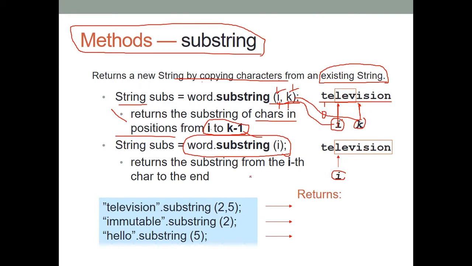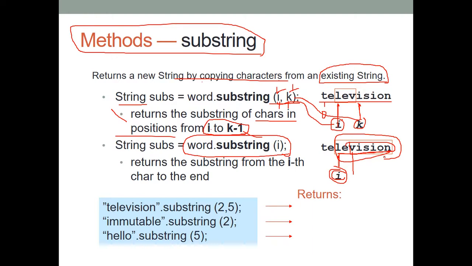If you give only one index number, for example the index pointing to v in television, it will give you everything from the initial point up to the end, "vision". It calculates the ending point automatically. You don't have to do anything.